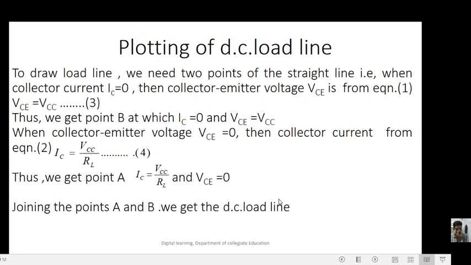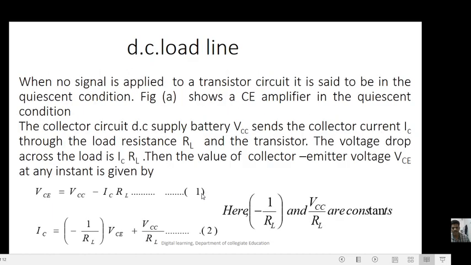Again, when collector emitter voltage VCE is equal to 0, then collector current, from equation number 2, is IC equal to VCC by RL.